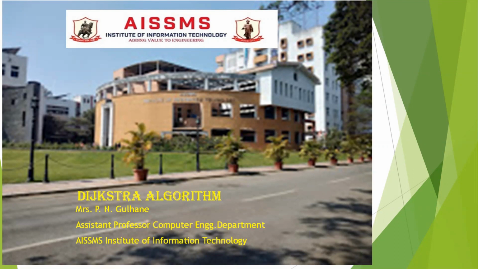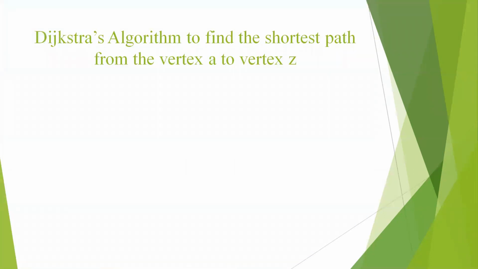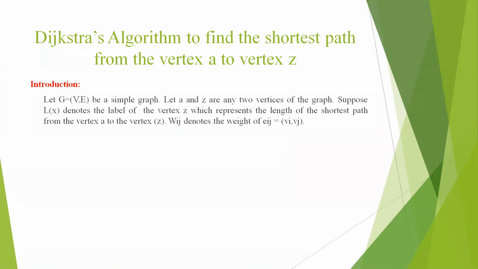Now, this algorithm is used to find out a shortest path, but actually it does not provide the actual path between vertex A to vertex Z. So in the introduction of Dijkstra algorithm, suppose G represents a graph and its elements are vertices and edges, and A and Z are any two vertices on that graph.